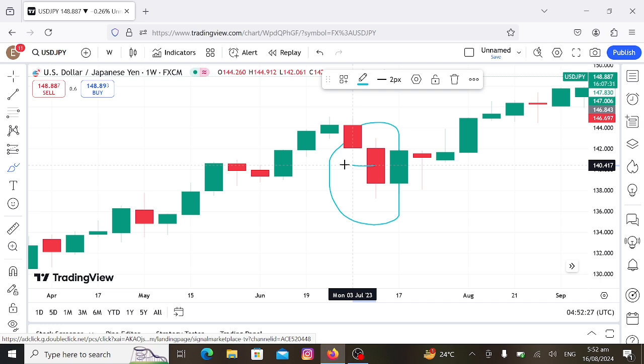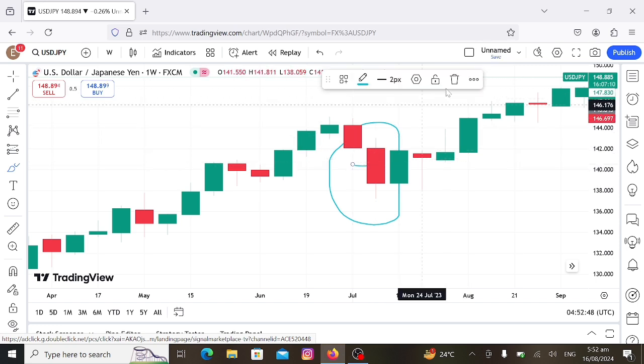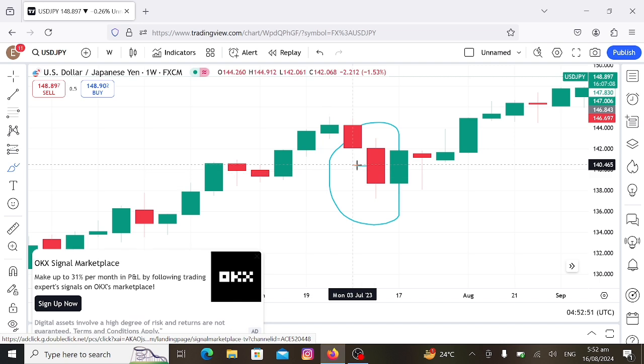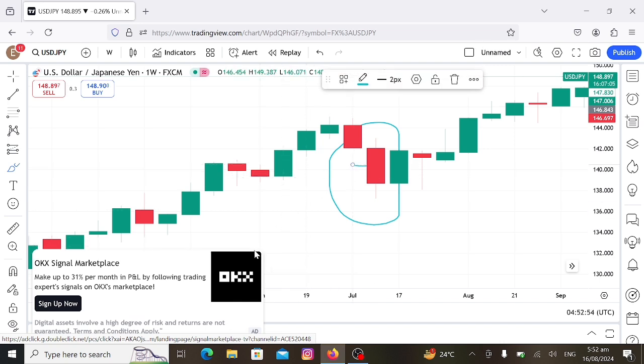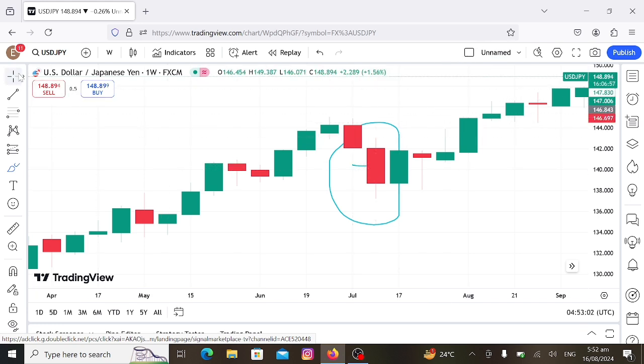This is the body of the candlestick, and we have the wick. And of course, you see the color is red. But let me give it a different color.